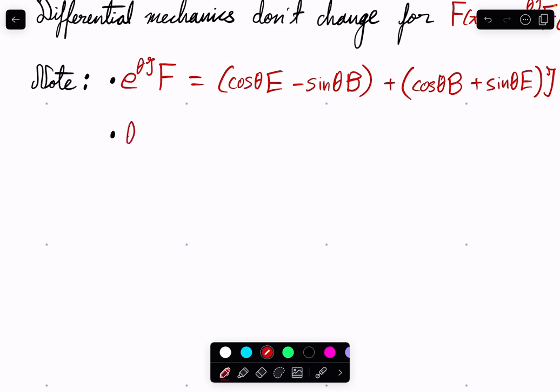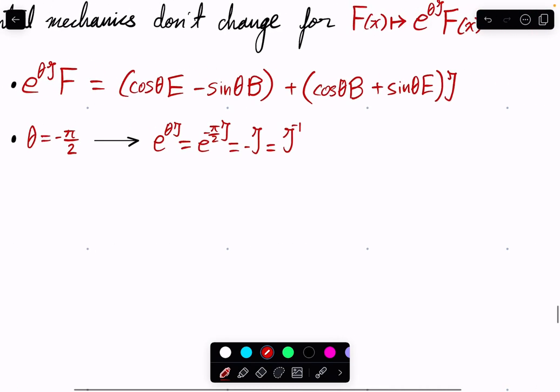If theta is equal to negative pi over 2, then e to the theta I is just equal to e to the negative pi over 2 I, which is just equal to negative I, the inverse of the pseudoscalar.